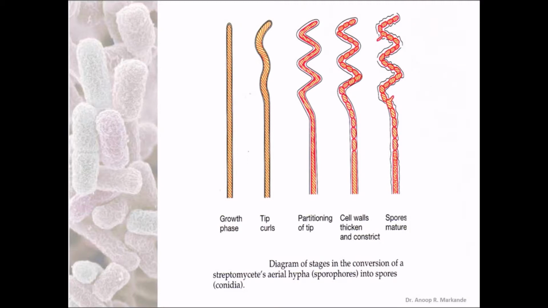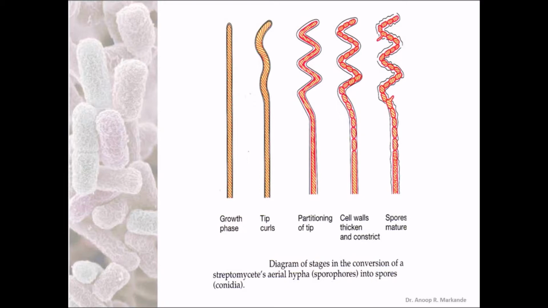When seen for their growth in one of the important actinomycetes, that is Streptomyces, we can see the growth phase or the tip of the hypha or tip of the growing filamentous cellular body folds or curls and starts to form partitions.